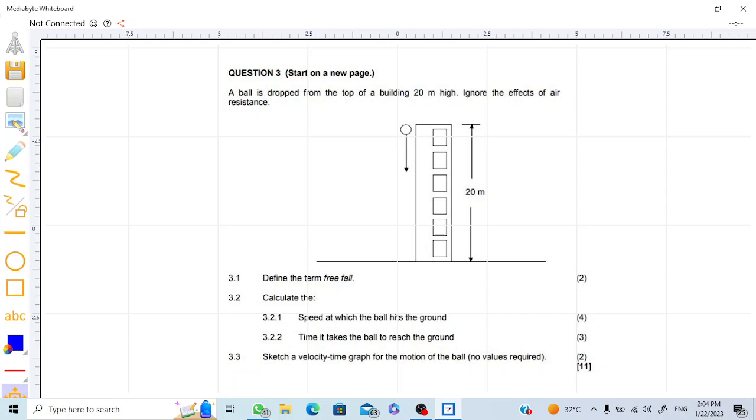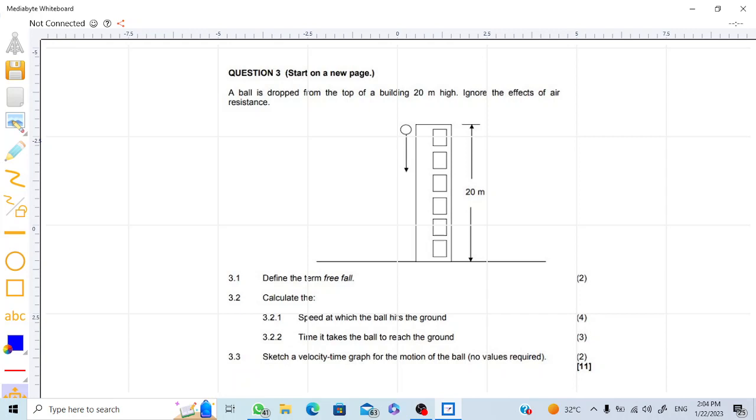Define the term free fall. That is the first question. Now, second question, 3.2, calculate the speed at which the ball hits the ground. 3.2.2, time it takes the ball to reach the ground. Then lastly, you have to draw the graph. Guys, drawing of graphs is very important, and interpretation of graphs. In other questions, you're going to get a question in the form of a graph.